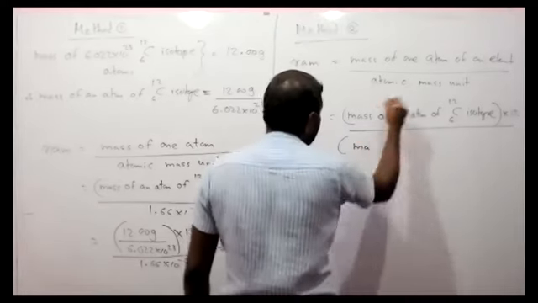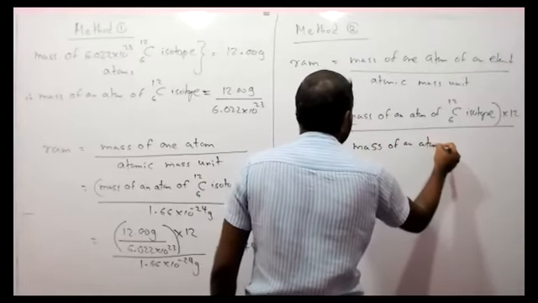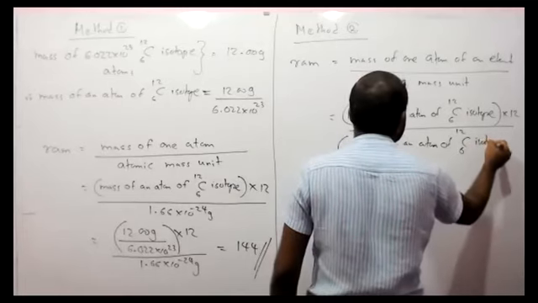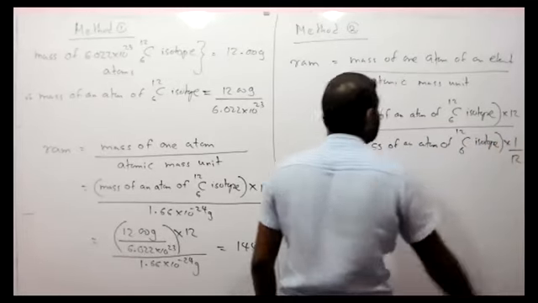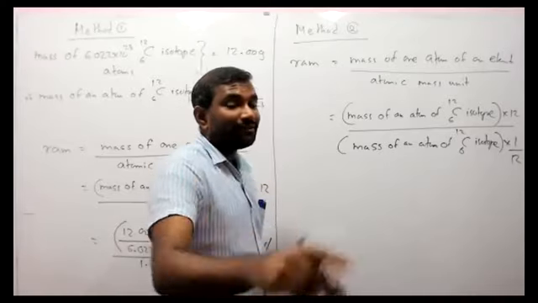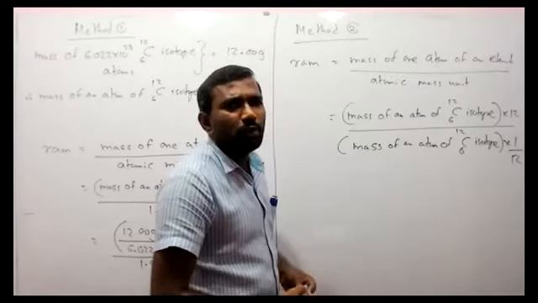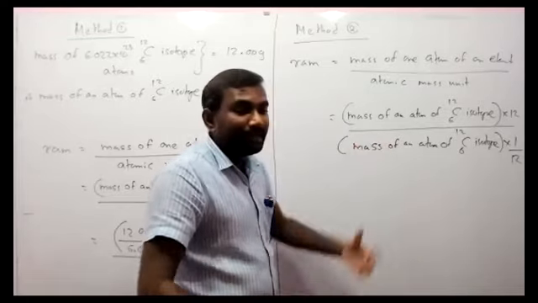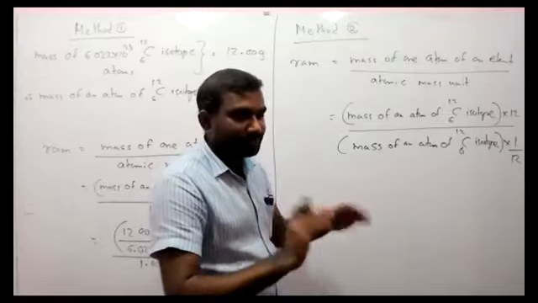The atomic mass unit is the mass of an atom of carbon-12 isotope times 1/12. Now you should understand why I gave you both the equations. Some of you may think, why did sir give both the same thing? But now you should understand. For everything I am doing, children, there is a reason.